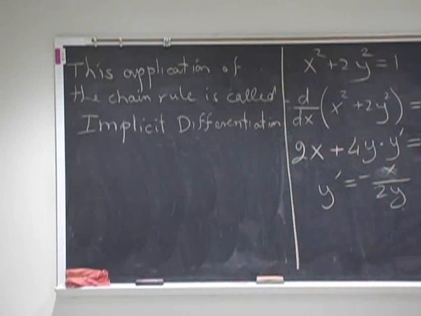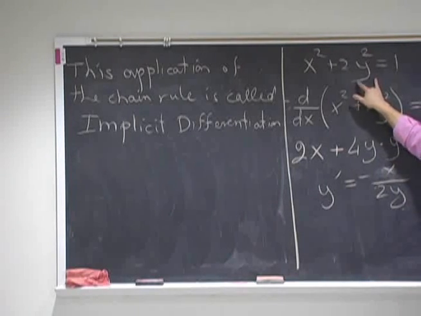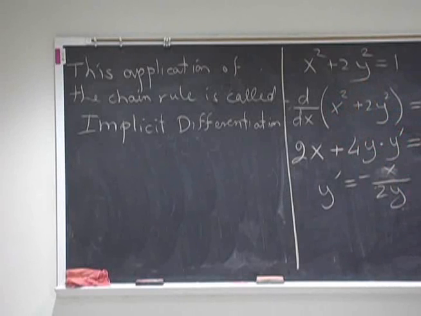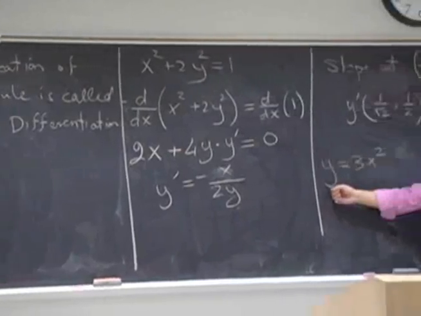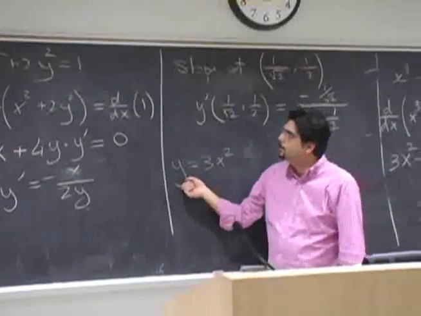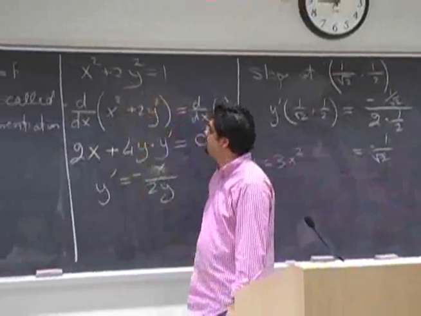It's called implicit differentiation. Implicit because the function y is defined implicitly in terms of x, versus explicitly, which would be something like y equals 3x squared. That's an explicit definition because y is isolated. But here, y is defined implicitly, and that's why it's called implicit differentiation.